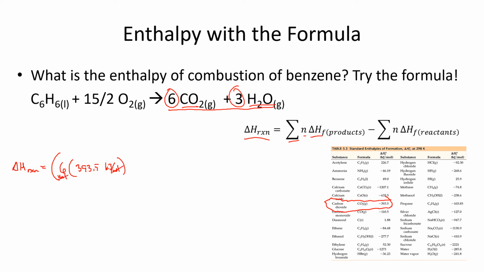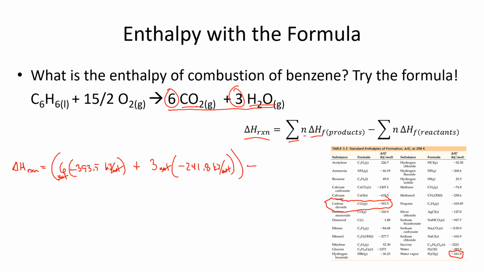So the moles cancel out. And then we're going to add that to 3 moles of the water times negative 241.8 kilojoules per mole. I forgot the negative there too. And you see that moles again cancels out. Great, we're doing good so far.